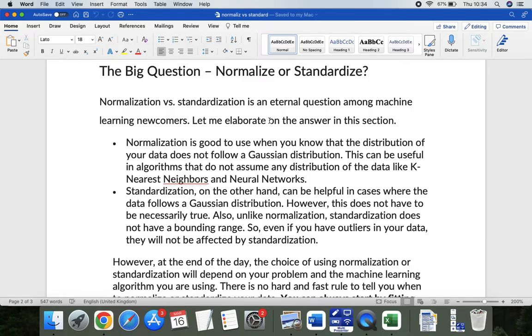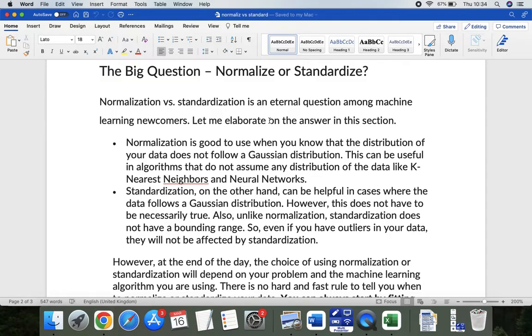That means it has some skewness in the data. Normally statistical people say that it does not have a Gaussian distribution. So when there is no Gaussian distribution, you go for normalization. You normalize in a certain range of 0 and 1.